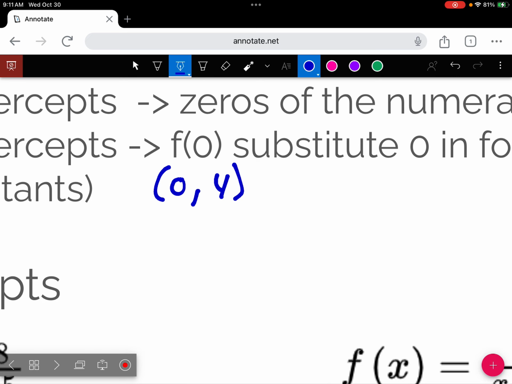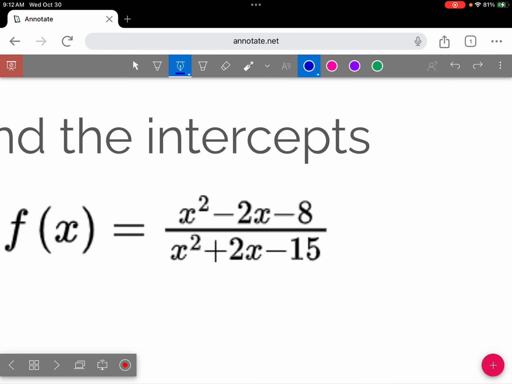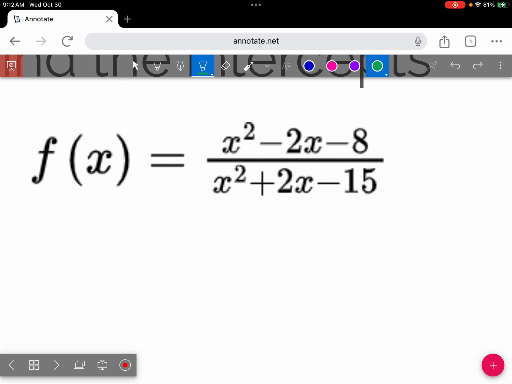So what we're going to do is find our intercepts for both of these different ways we're going to see rational functions written, because these are two different forms for rational equations. The left one looks like a quadratic over a quadratic. So we're going to find where our numerator equals 0. Our x-intercepts are where our numerator equals 0, because if I have a 0 on top, this whole fraction equals 0.